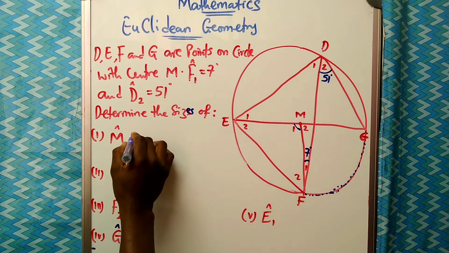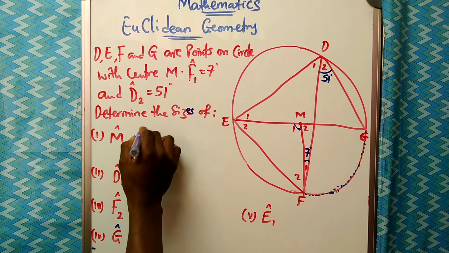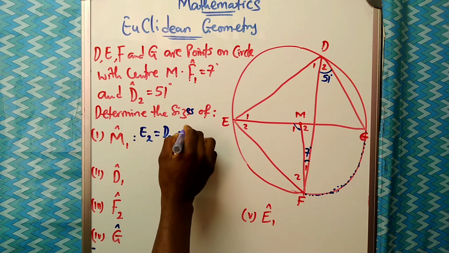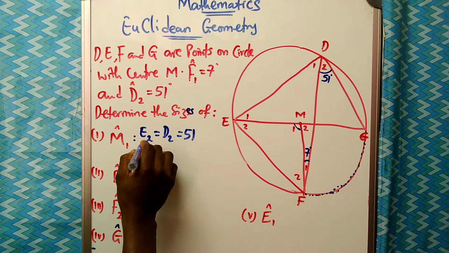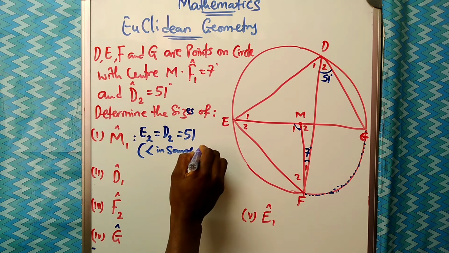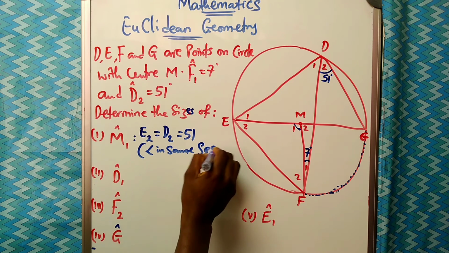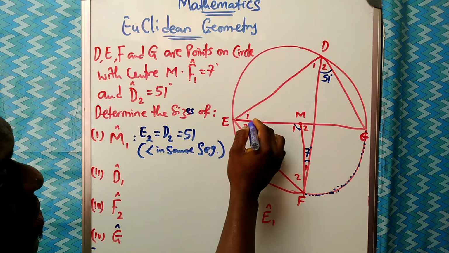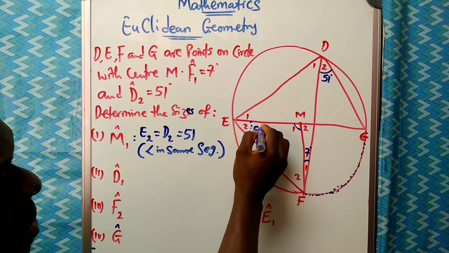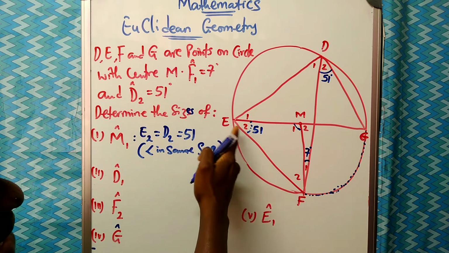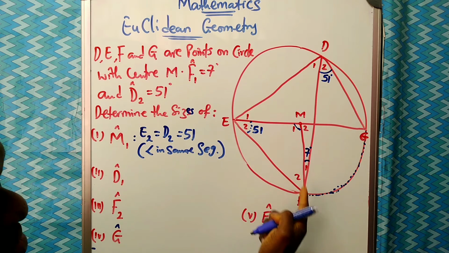So that means my E2 is equal to D2, which is 51. And I put my reason, angle in same segment. All right, we are not done yet. Now, if I know my angle at E2 to be 51, and I'm looking for M1, definitely my E2 is the same thing as my F2.